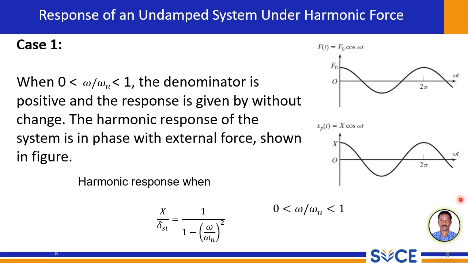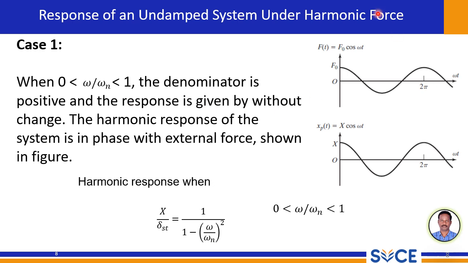The first case is given here. This case focuses on the frequency ratio omega by omega n between 0 and 1. In other words, the forcing frequency omega is less than the natural frequency.